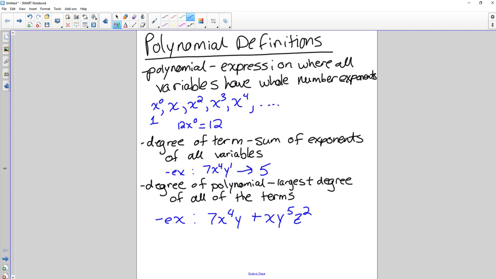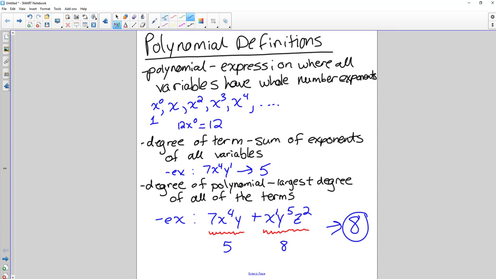So this actually has two terms. 7x to the fourth y is a term. x, y to the fifth, z squared is a different term. If we look at the degree of each of the terms, the first term has a degree of 5. The next term has a degree of 1 plus 5 is 6, plus 2 is 8. So that means my answer for this whole polynomial would be degree 8. You look at each term, what's the degree of each term, and then the degree of the whole polynomial is whatever the largest is.